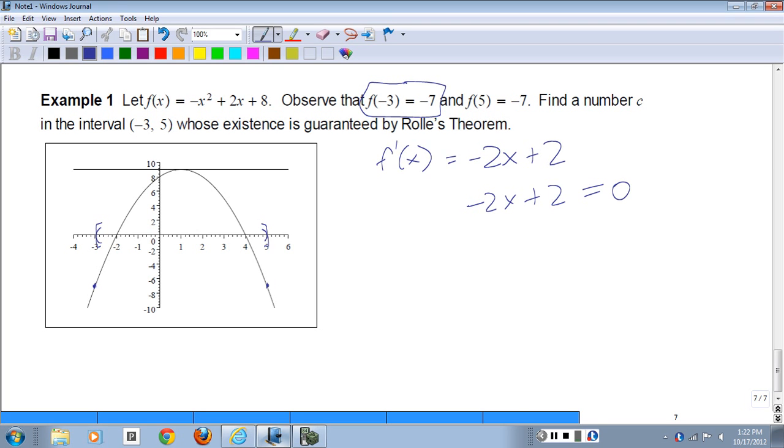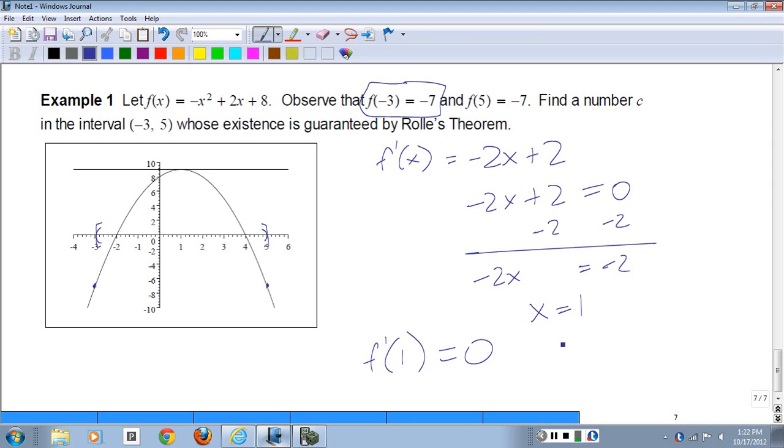Does that equation have a solution between -3 and 5? X equals 1. Sure enough. So there is a number in there such that f prime of that number equals 0, and 1 is between -3 and 5. That pretty much does it. C equals 1. And the picture here, that's where the horizontal tangent line happens. So C equals 1.